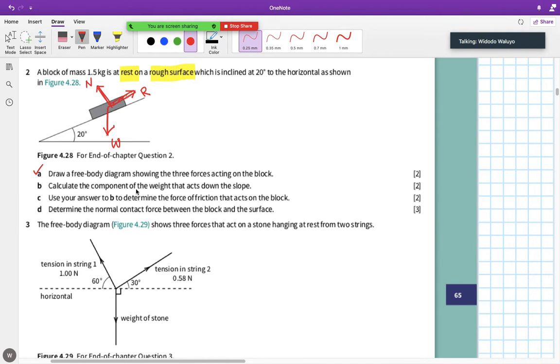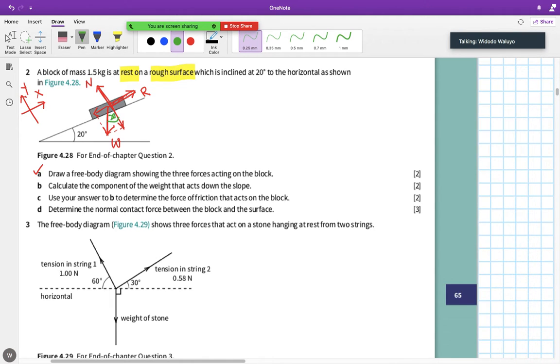Calculate the component of weight acting down the slope. Okay, down the slope we can split into x and y like I mentioned before. On the x we have here, and on the y we have here, and the angle 20, same thing in here.